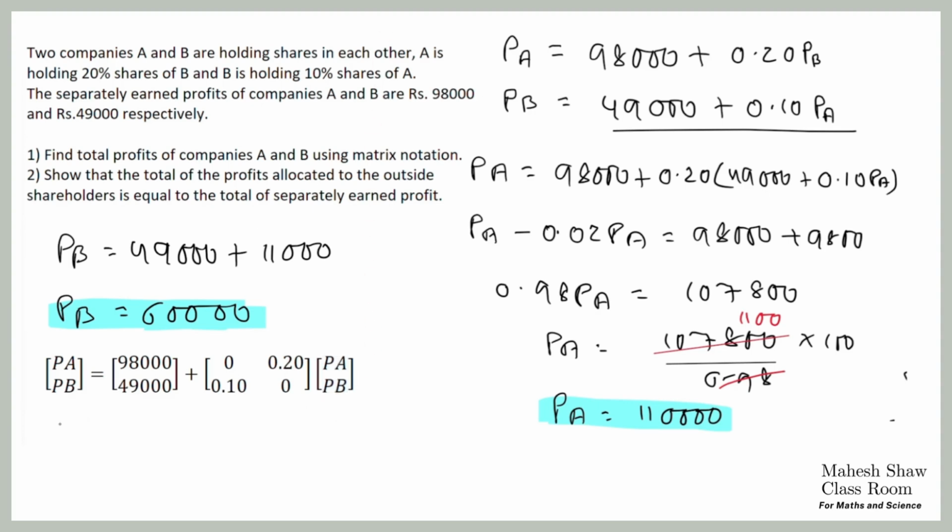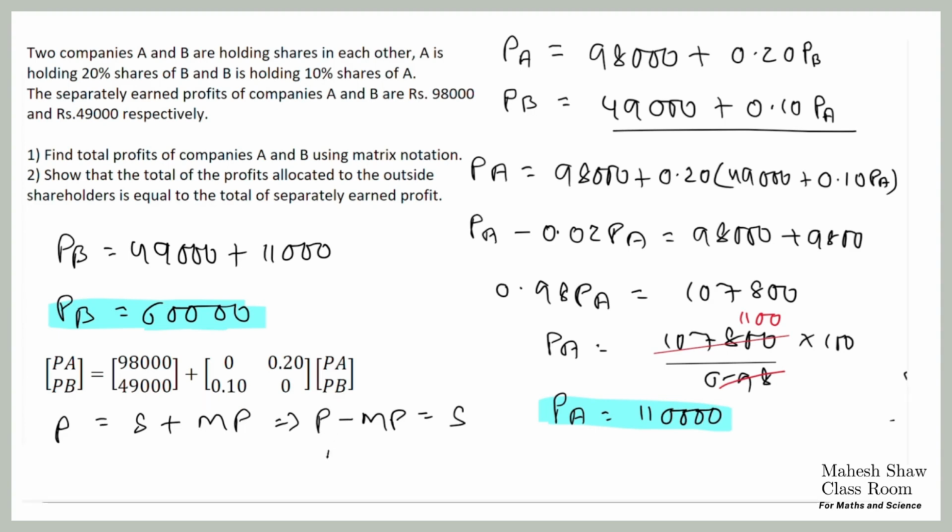Now to simplify the working, I'm going to consider this as P, this as S plus this as M, and this is P again. Now transposing this to the left hand side, we can write this as S. If I take P common, don't write 1. This is I, not 1, because we are dealing with matrices. And this is S only.